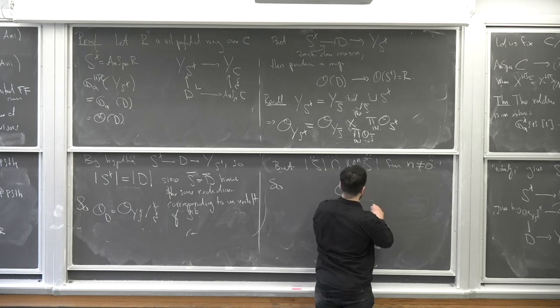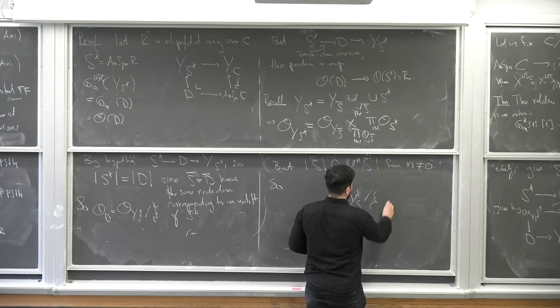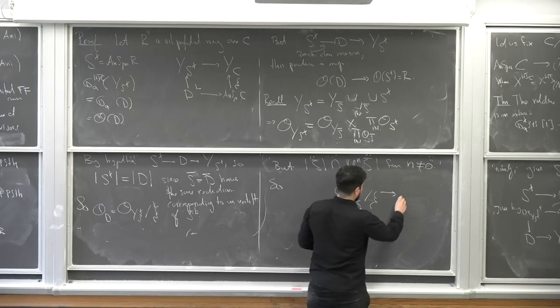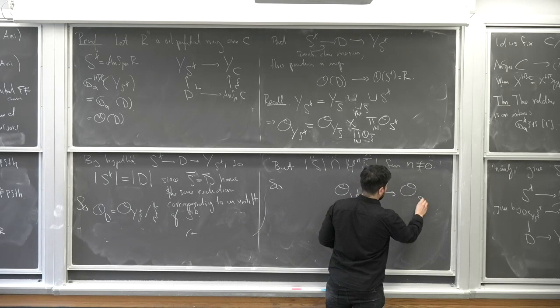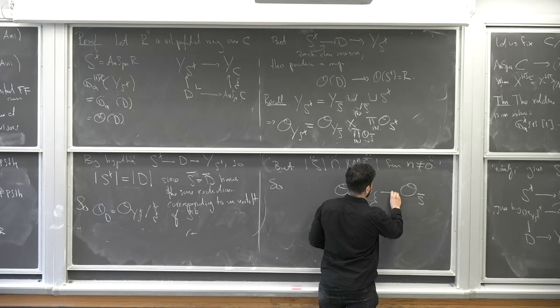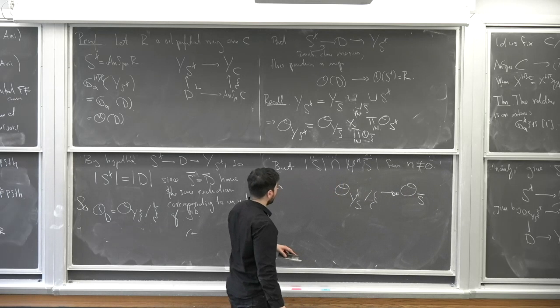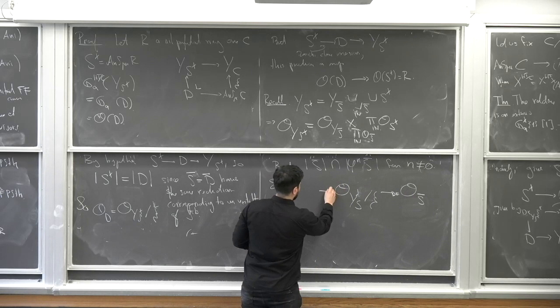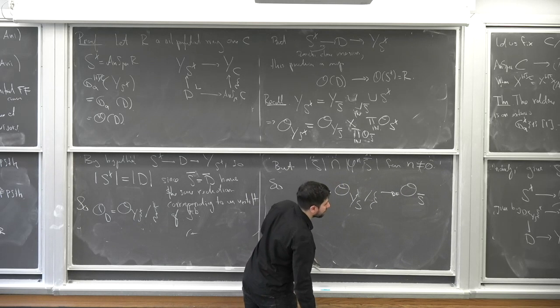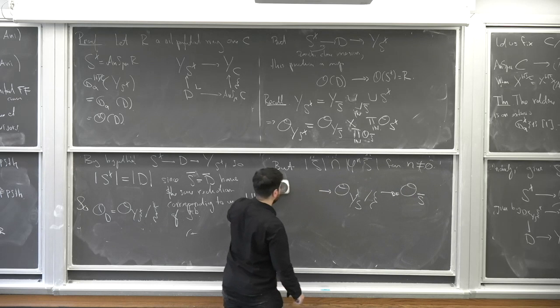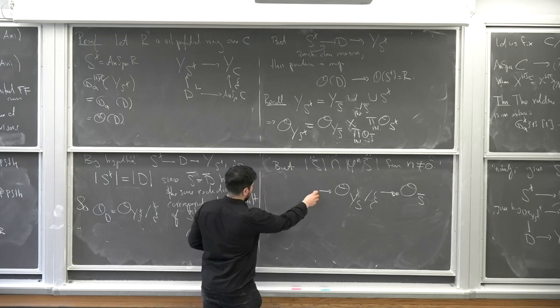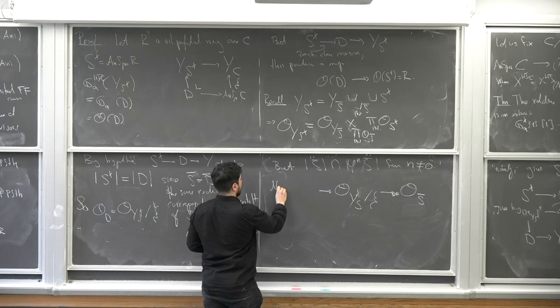We'll end up mapping at least to the reduction here. And what I want to say is that the kernel of this map will correspond to the nilradical of this.